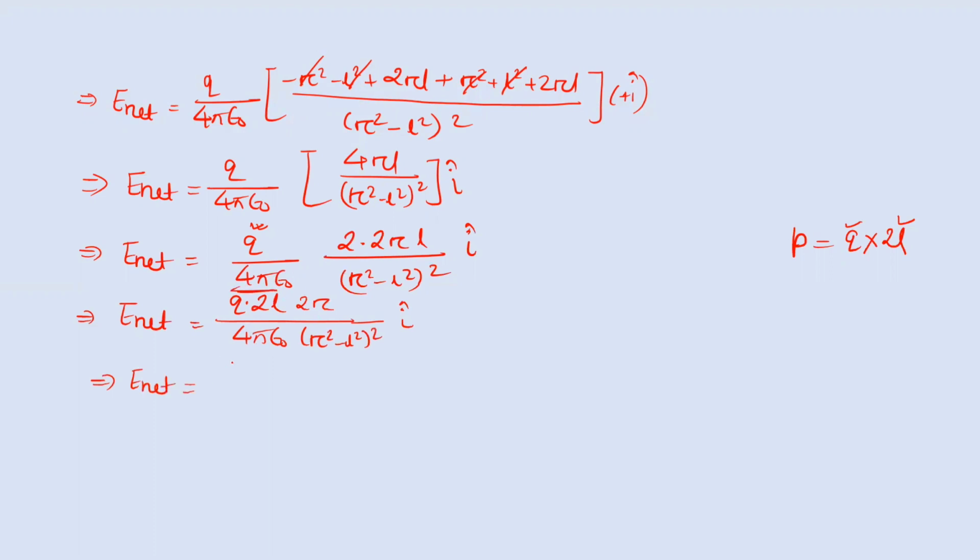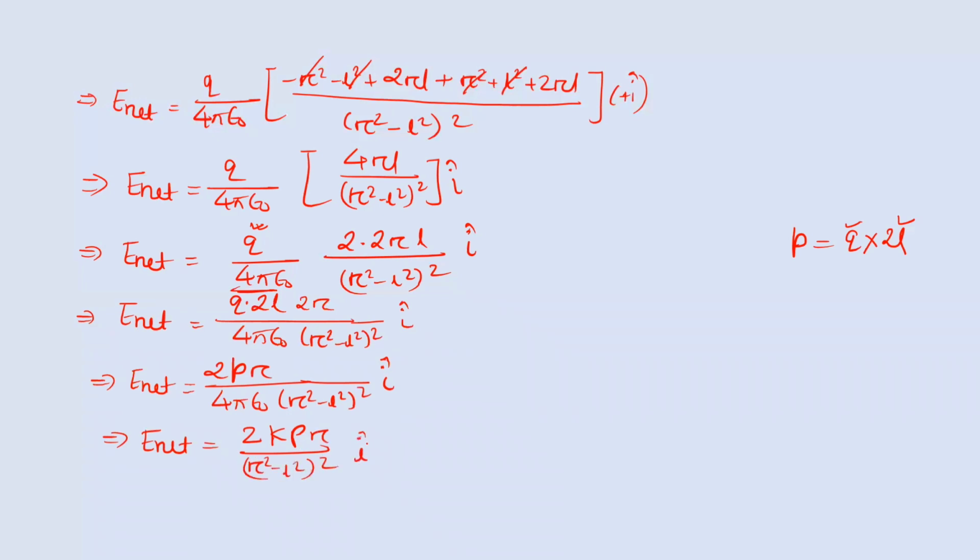So you will have P, and this is 2R by 4 pi epsilon naught R square minus L square whole square with the I cap here. Done. Next, we will write 1 by 4 pi epsilon naught as k, so E is 2kpR over R square minus L square whole square, I cap. Done. That means this I cap shows you the direction.